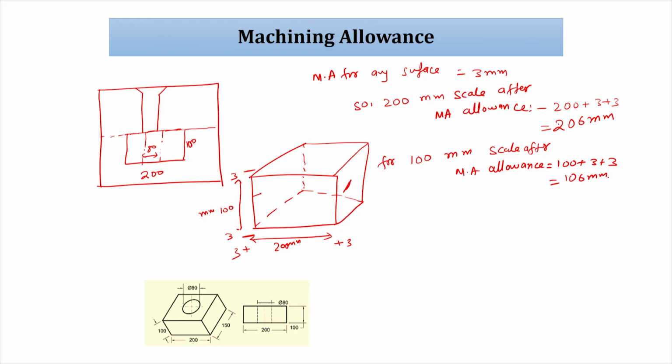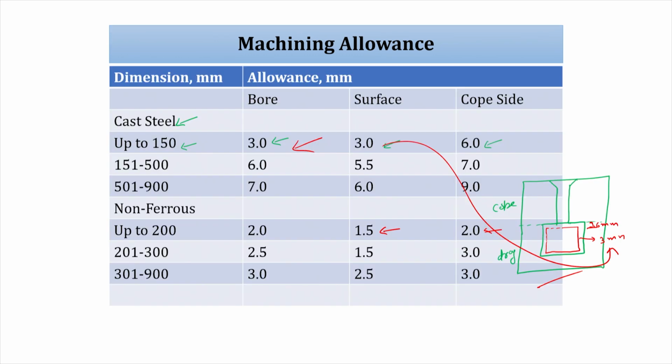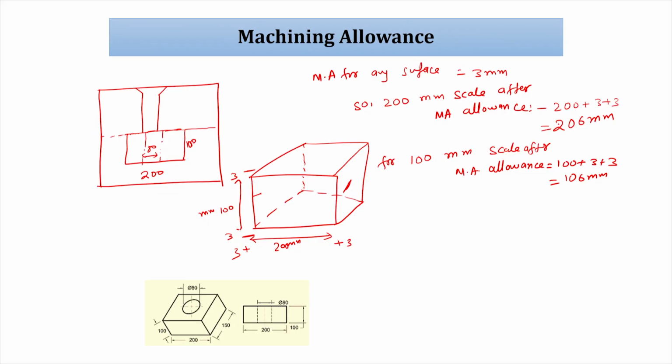Let us assume it is not mentioned in the problem as 3 mm and given the chart, what will the answer? So, less than 100 mm, surface will be 3 mm and cope side, because I am designing here is a cope side, so what will happen? 109 mm. Okay. But in the problem it is given 3 mm for any surface. So, it will be 106 mm.